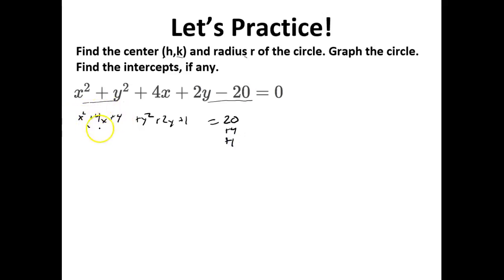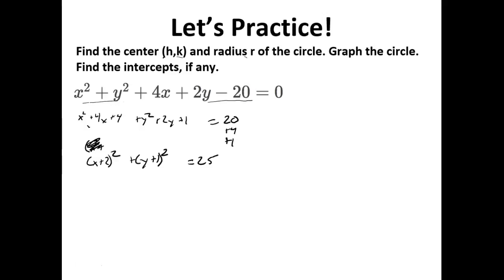Now I completed the square, so I can write this as (x + 2)² + (y + 1)² = 25 when I add those up. Now I have it in what's called the standard form.